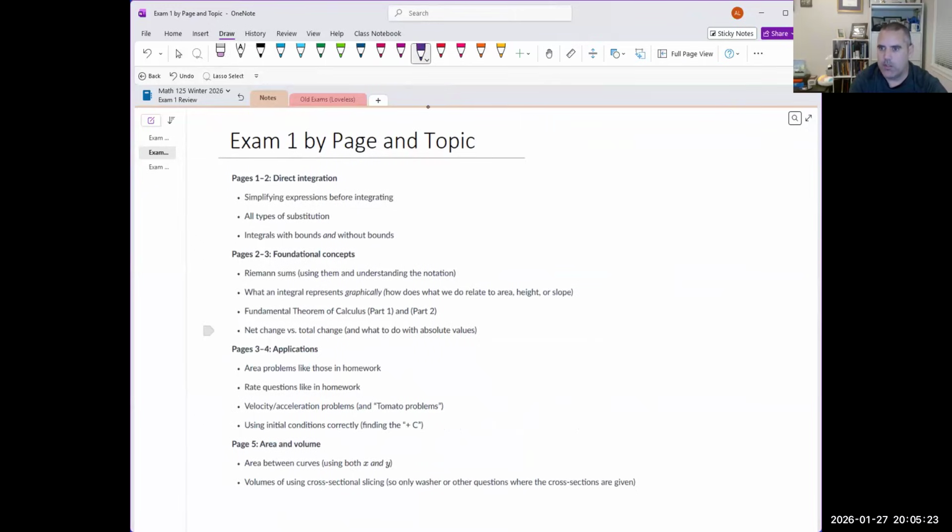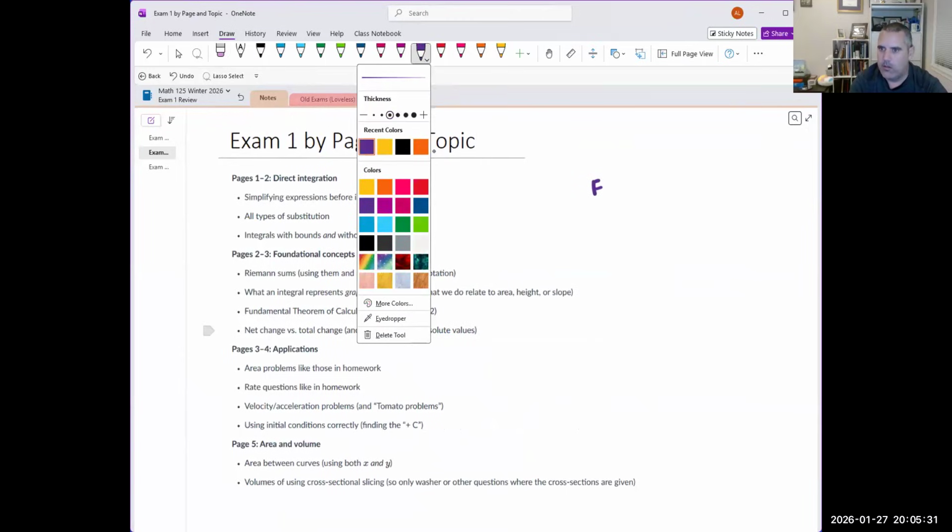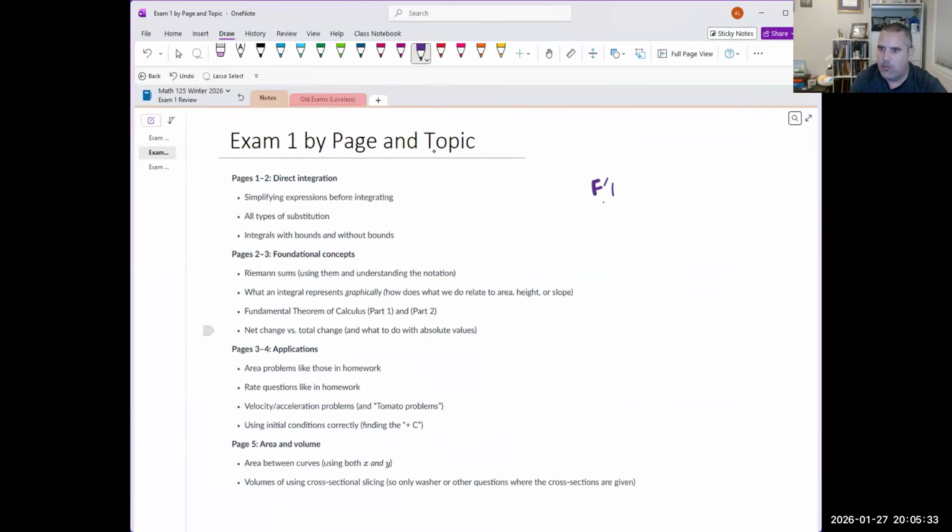So somewhere I'm going to start keeping a list. So I see fall. Oh, I got to make these pens smaller. I had to update my OneNote. Fall 2017 question 1C. I assume that's integration. And I'm just going to note a few things here.